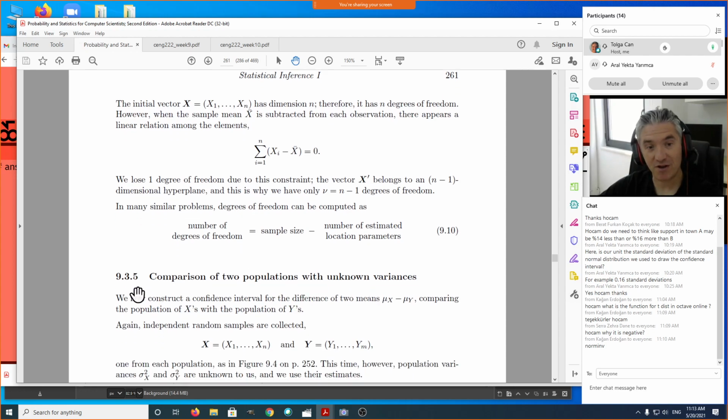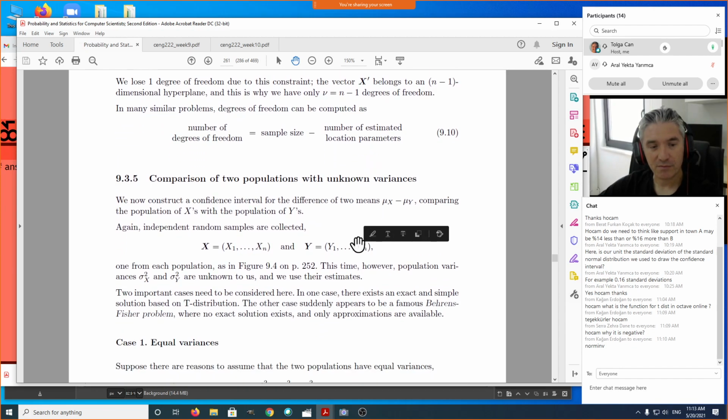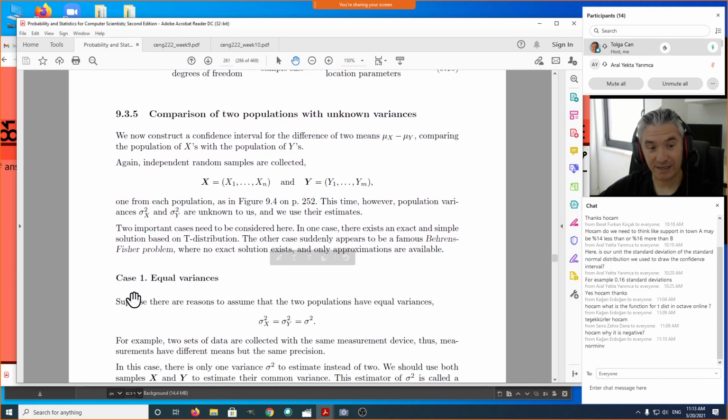So this 9.3.5, this is the last thing we're going to be discussing today before we finish this section 9.3. Here, there are two cases as discussed here.